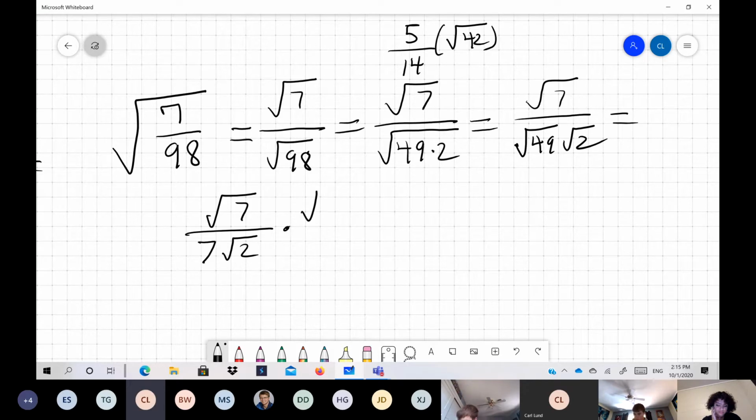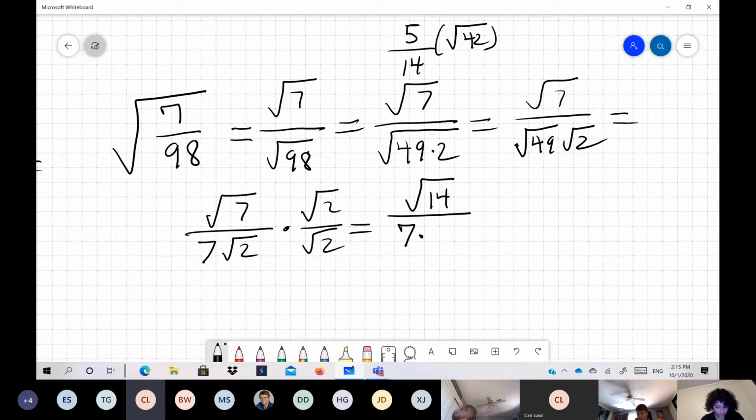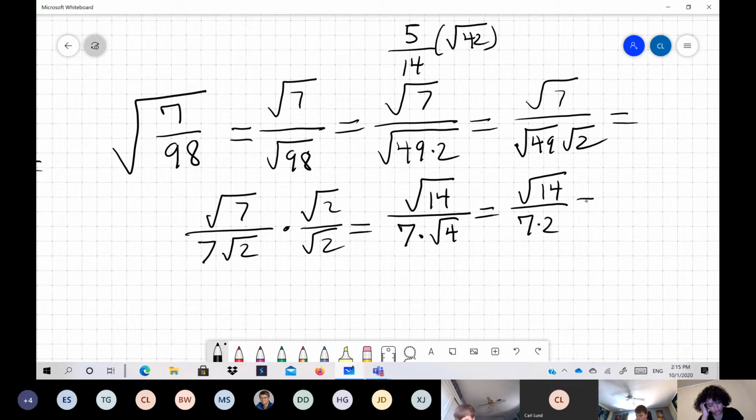Now I'm going to multiply both sides by the square root of 2. And I'm going to get the square root of 14 over the square root of 7 times the square root of 4, which is the square root of 14 over 7 times 2, which is the square root of 14 over 14.